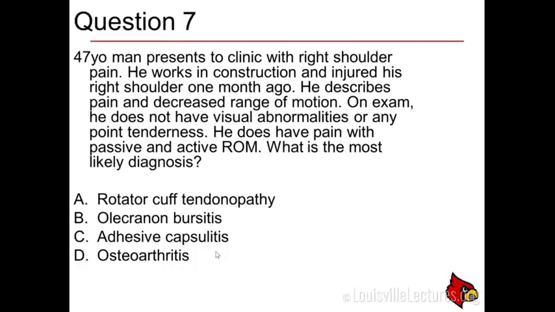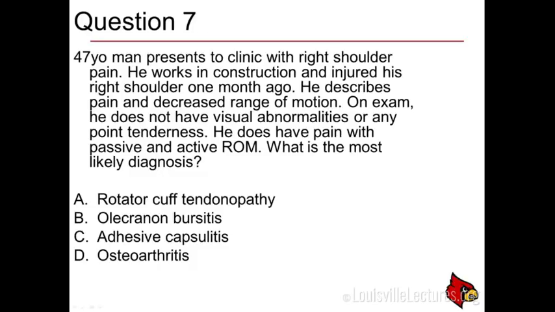So this is a tricky one. It's hard to really tease a lot of these out based on history and physical exam. There are some buzzwords in here. What I was going for is adhesive capsulitis, but people that work a lot with their arms, like painters or construction workers, can definitely get rotator cuff tendinopathy and olecranon bursitis.